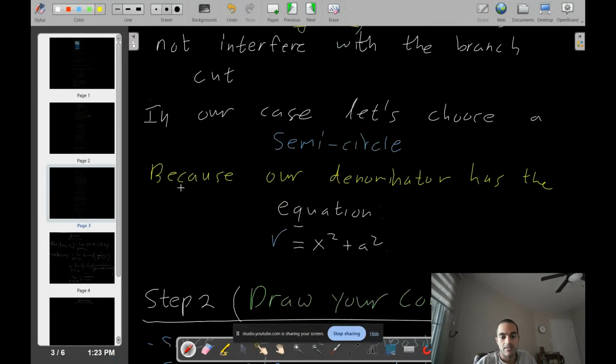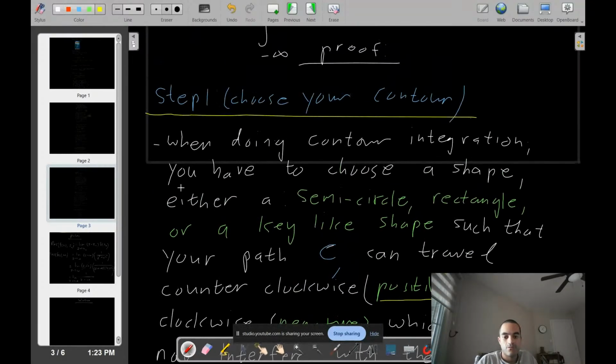The reason is that x squared plus a squared represents a circular region. So x squared plus a squared represents a circle. That's why we're using a semicircle. Now, why a semicircle as opposed to a circle? The reason is we only want an upper or lower part of the circle. Remember, when it comes to contours, we either choose an upper or lower semicircle, a rectangle, or a key-like shape.